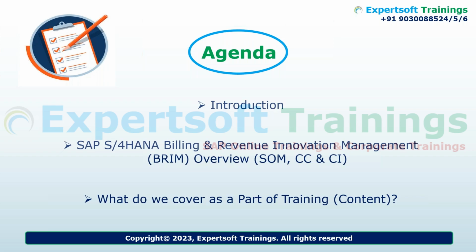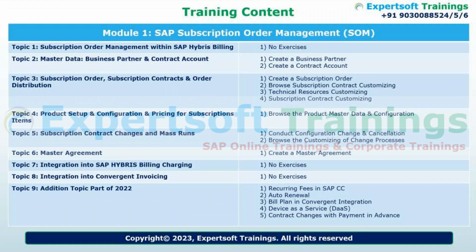What we cover as part of this training: the content contains subscription order management with IBRIS billing. When I say IBRIS, it means how exactly the subscription billing is going to run and what models are being used. That is being covered, though there won't be an exercise for this.